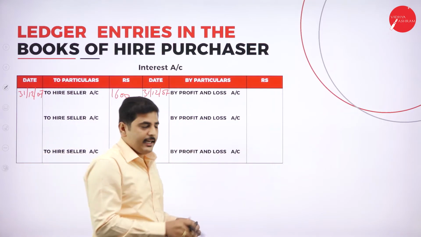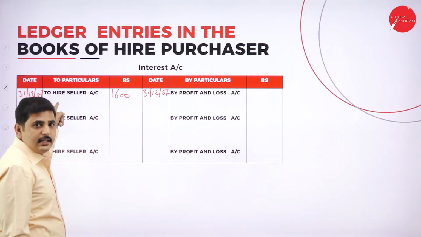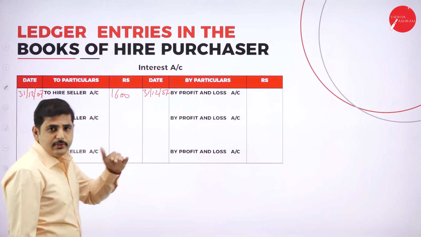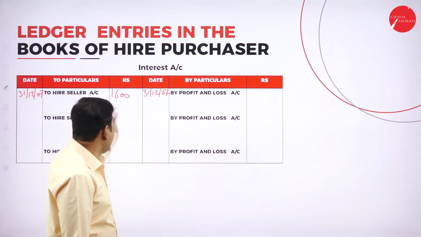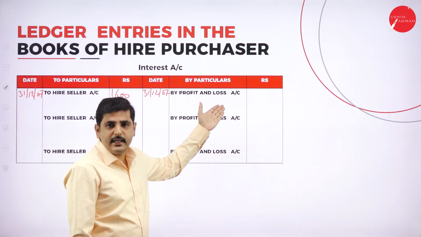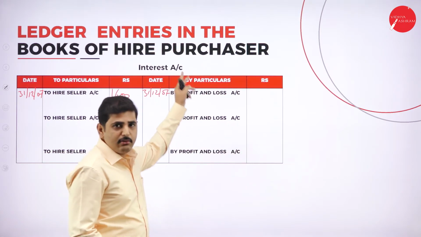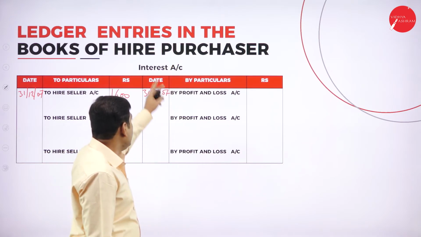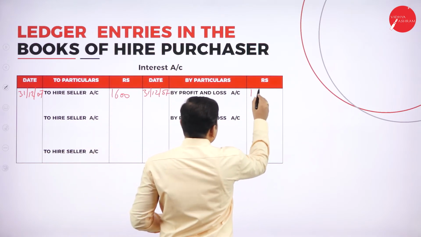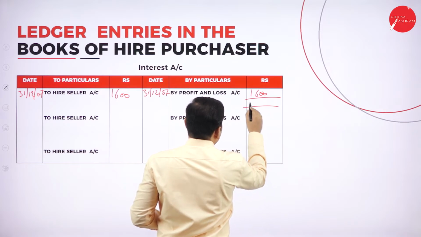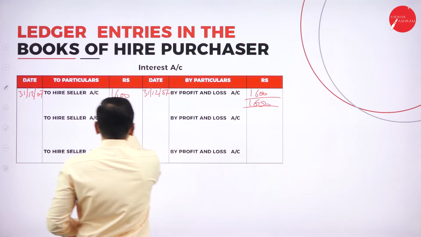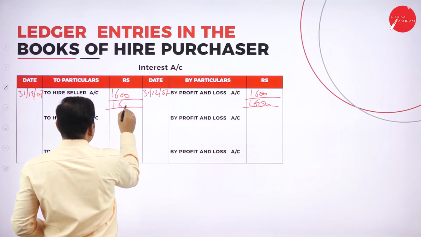What is the journal entry? This is the third journal entry. We have to show the interest is due, and later we transfer the interest to profit and loss account. Journal entry: by profit and loss account to interest account. The same amount will be transferred, 1,600. Tally both sides. It is tallied, 1,600, 1,600.